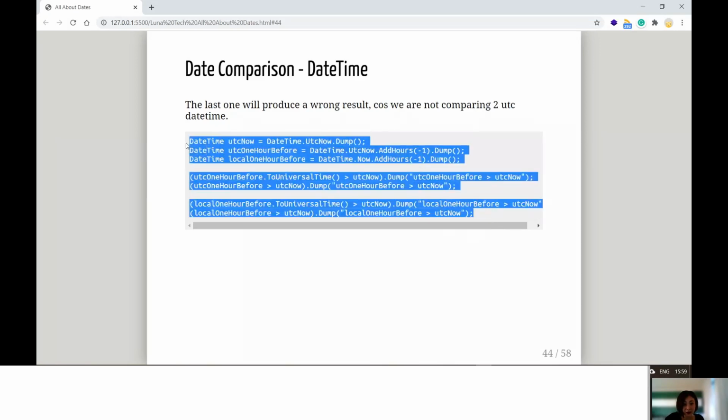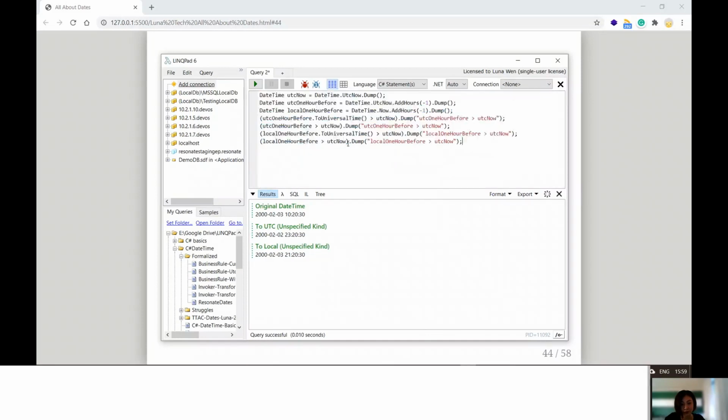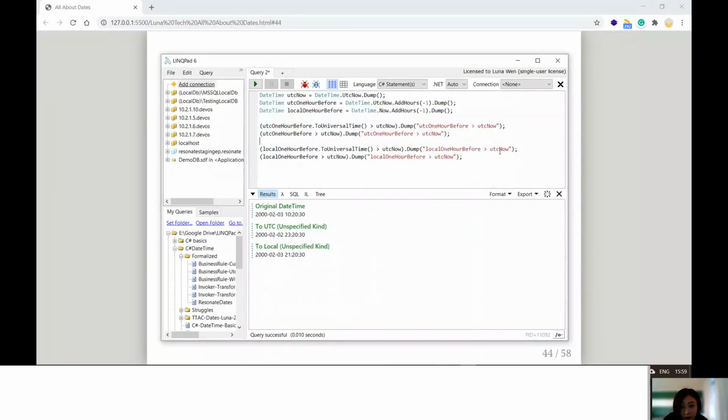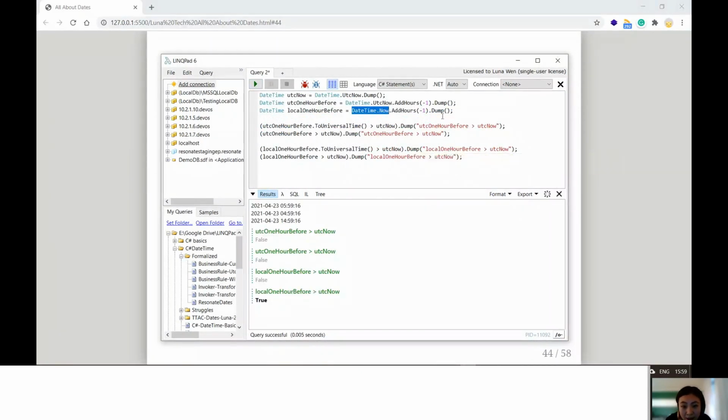So if you look at this, another example. I was trying to demonstrate if you are using a local time and you are subtracting 1 hour and you compare that with UTC now, it's actually going to give you a wrong result because, think about the time, right?